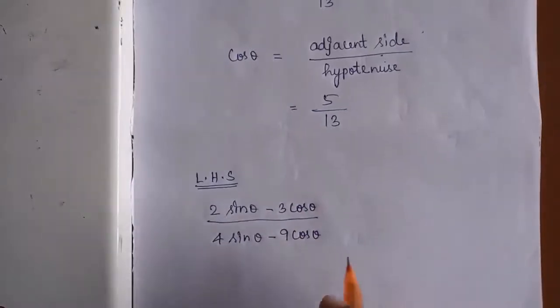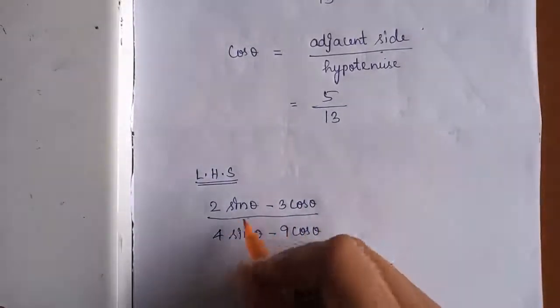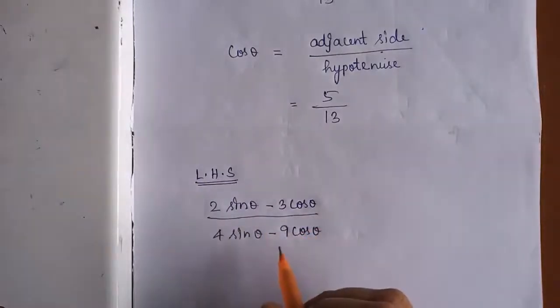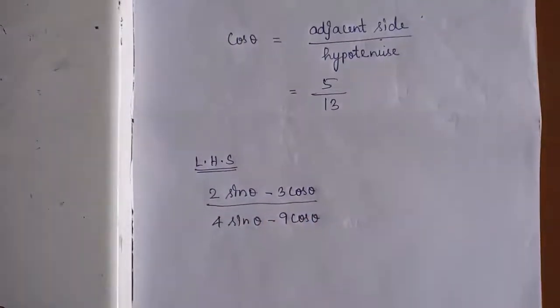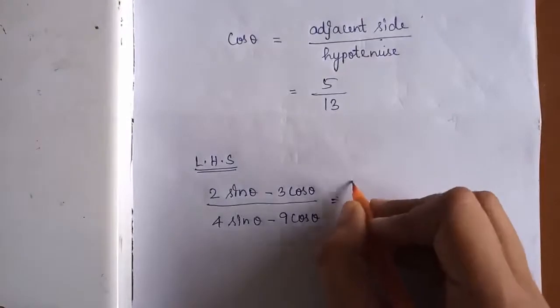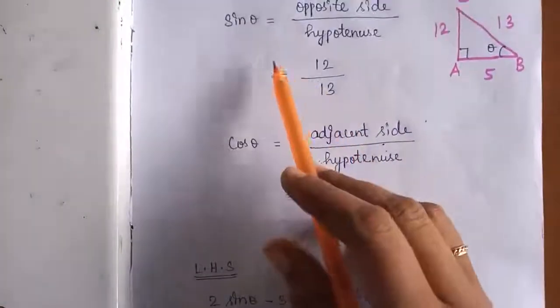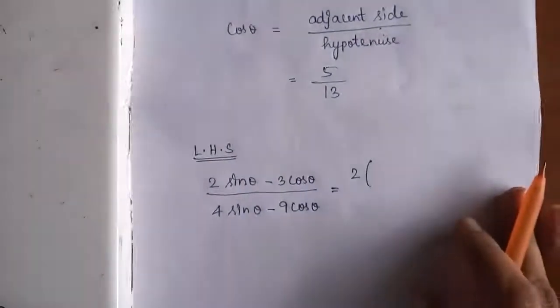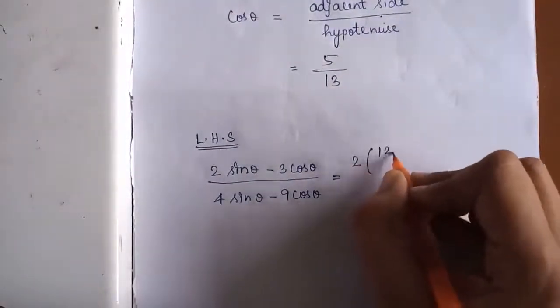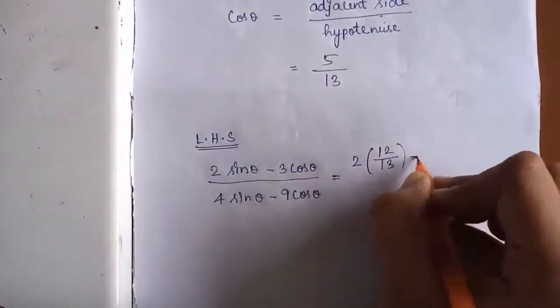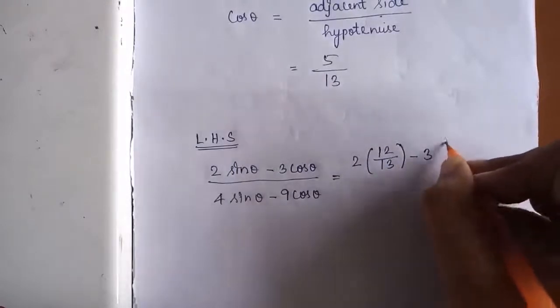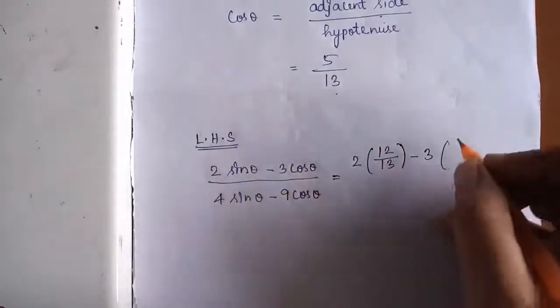So we are taking left hand side, 2 sin theta minus 3 cos theta divided by 4 sin theta minus 9 cos theta, which is equal to 2 into sin theta value is 12 by 13. So 2 into 12 divided by 13 minus 3 into cos theta value is 5 by 13.